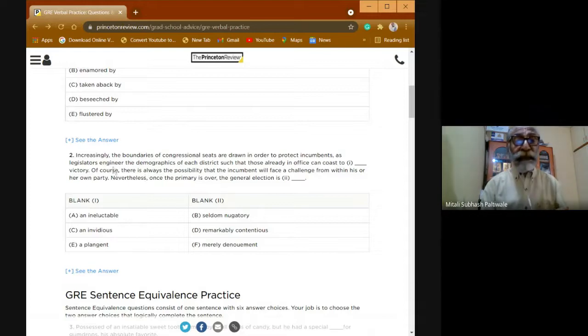As legislators engineer the demographics of each district. Who would be the legislators? Those who have already been elected and are in the office.